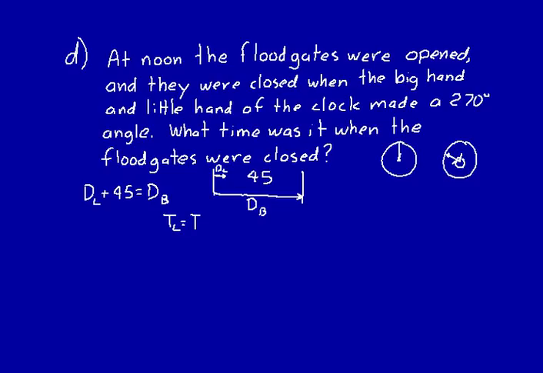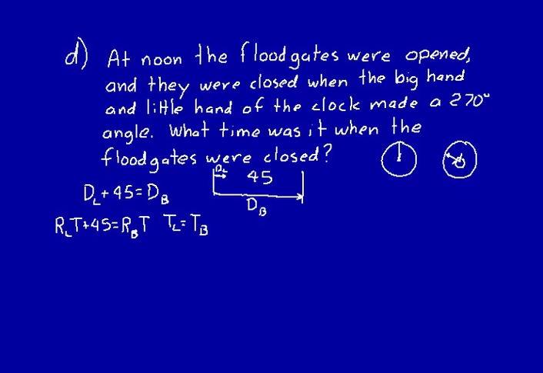TL is equal to TB. Let's just rewrite this equation in terms of rates and times. We could say rate of the little hand times time. Since the times are equal, we don't need a subscript. Plus 45 is equal to rate of the big hand times time.